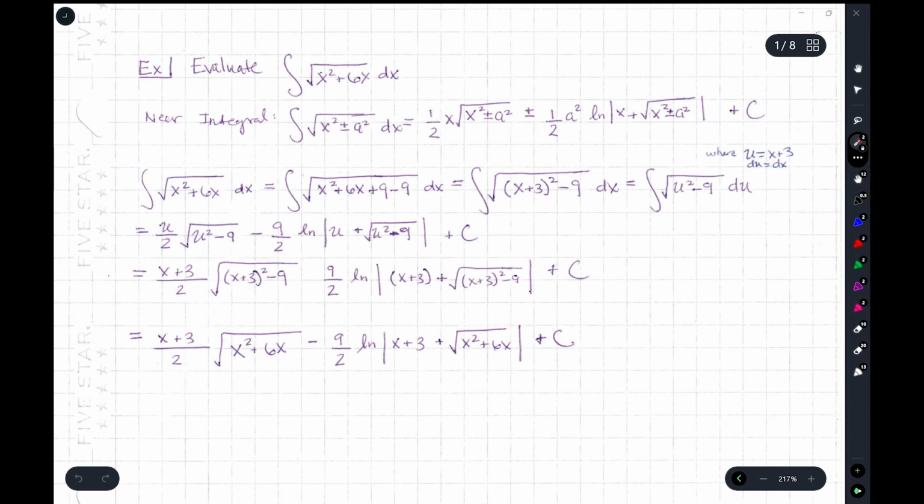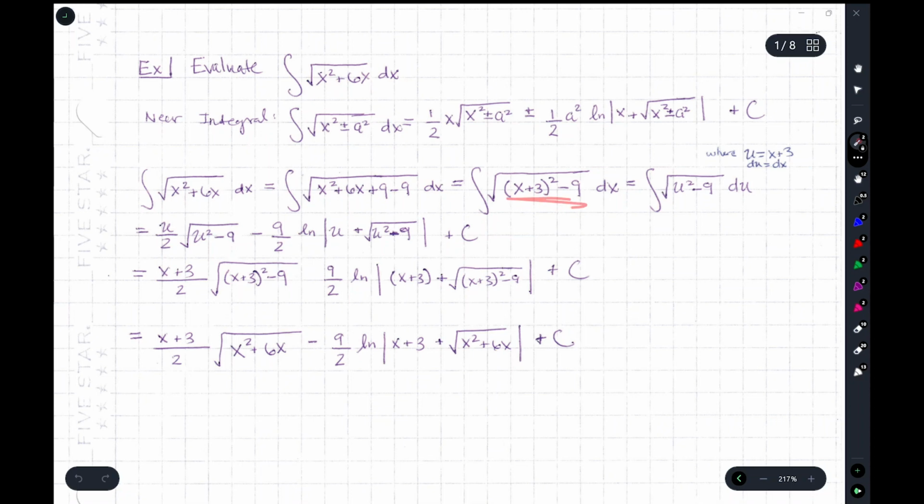So, all right, we got to put our integrand in that form. This has x squared plus or minus a squared. This has x squared plus 6x. So what do we do? We complete the square. Okay, we complete the square.